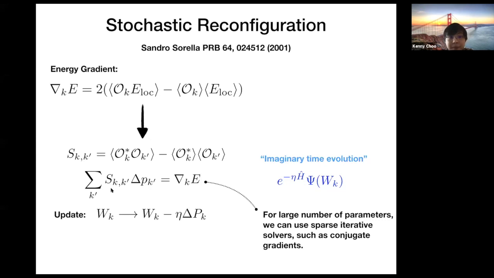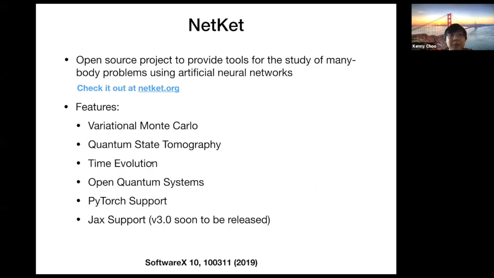Okay, so now I briefly mention a package that we have been working on. This is the package called NetKet that provides tools for exploring these neural network quantum states.